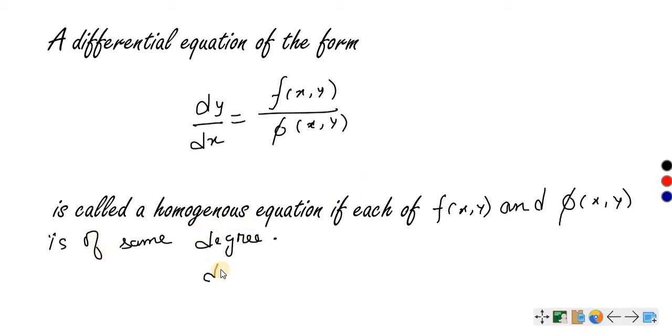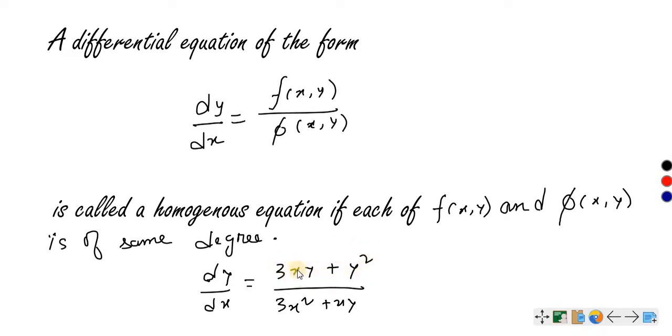Suppose I have written here dy by dx equals 3xy plus y square divided by 3x square plus xy. In this case, consider the numerator as the function f of x y.